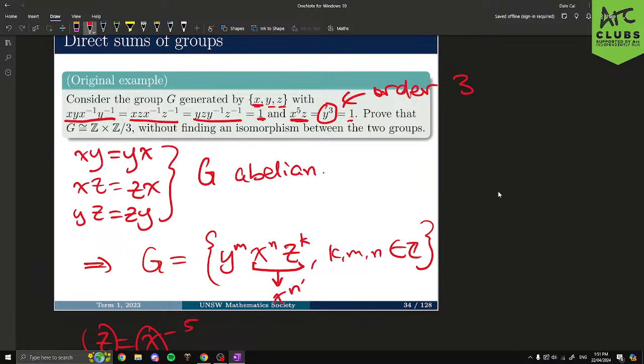What they also intend to say is that x and y are independent. I guess I should say the groups generated by x and y have an intersection of just the trivial set, a trivial intersection.